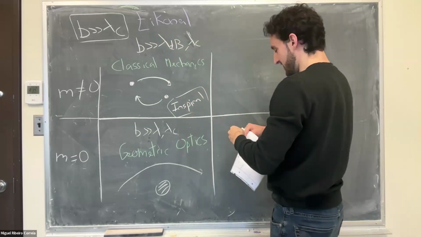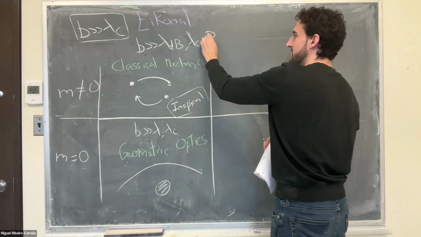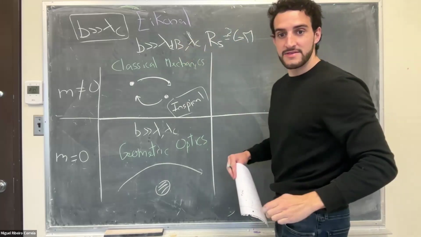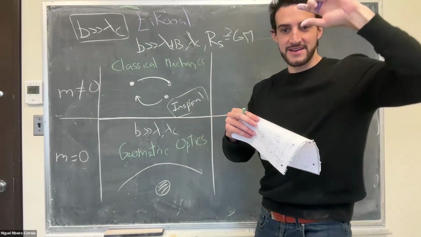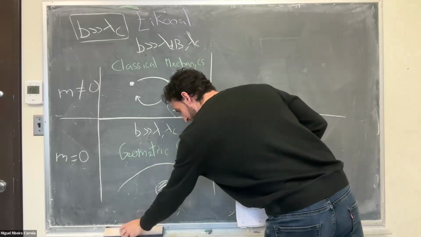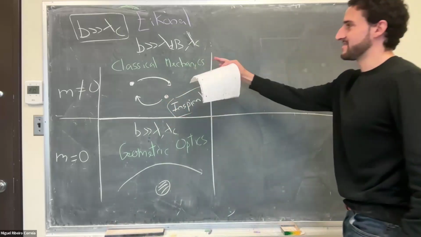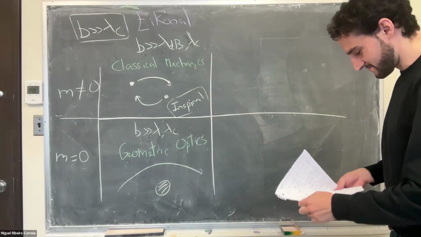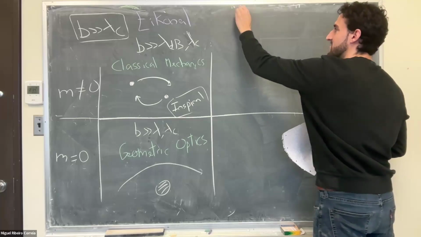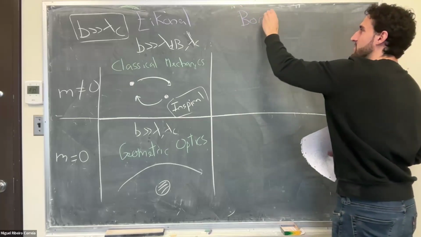But if I add additionally that B is also bigger than the Schwarzschild radius, which is 2 times GM, then this will be really what you're saying, that the scattering angle will be very small. Yeah, good question. But since I want to do something very generic, this is all the scales I have available for now.